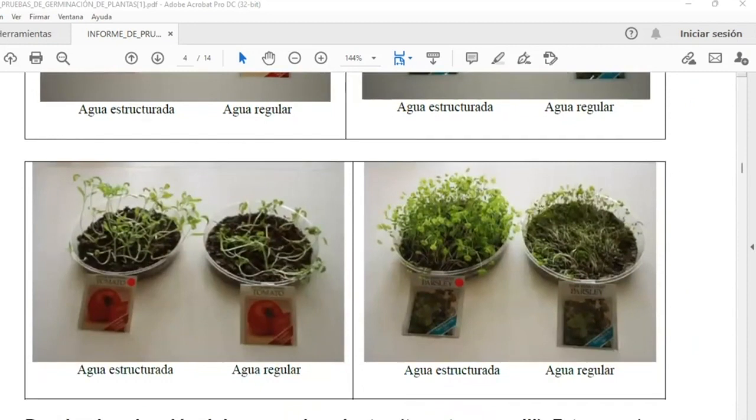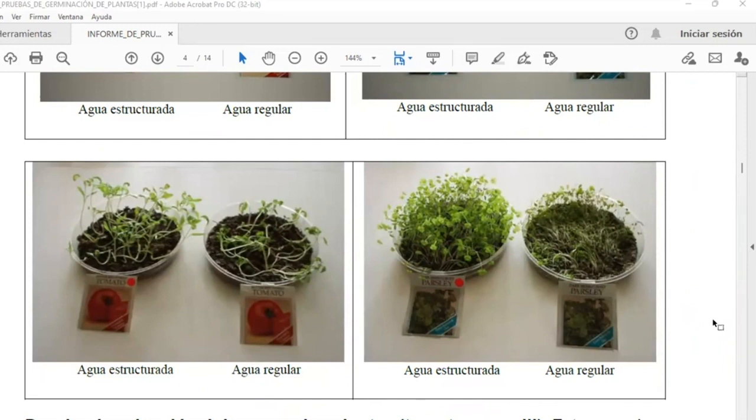Please, this jar corresponds to rested water, directly from the tap, obviously rested more than an hour. The next jar is structured water. We can see the difference.